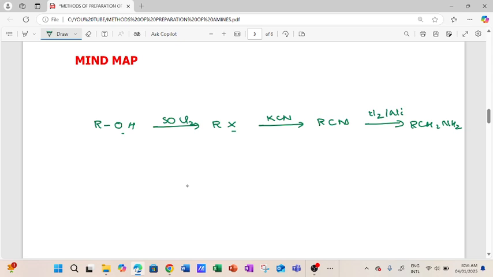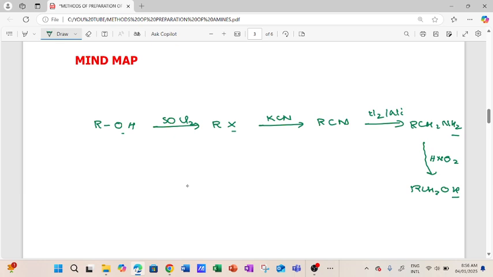Now that RCH2NH2, when you react it with HNO2, which we will study in the coming topics as the distinction test for amines, nitrous acid or diazotization changes it to alcohol, RCH2OH, meaning NH2 changed to alcohol.